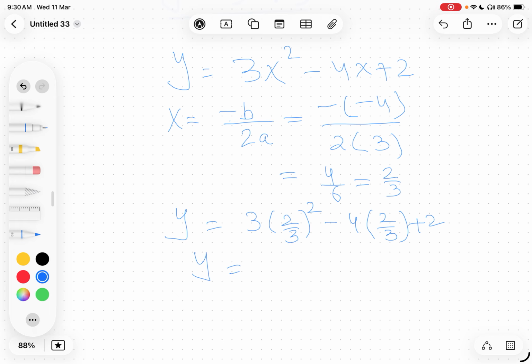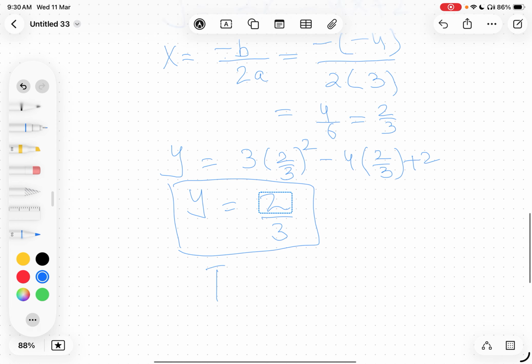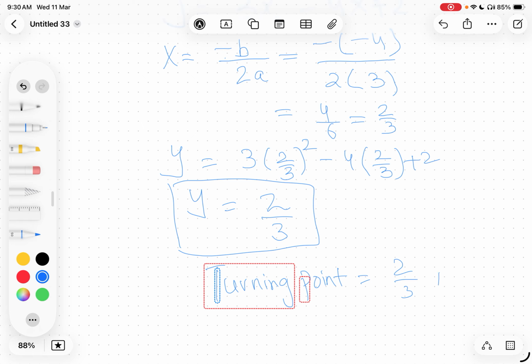So it is producing a value of 2 by 3, which means that the corresponding y coordinate is going to be 2 by 3. So you can say that the turning point of the equation is 2 over 3 comma 2 over 3. So this represents the turning point of the equation.